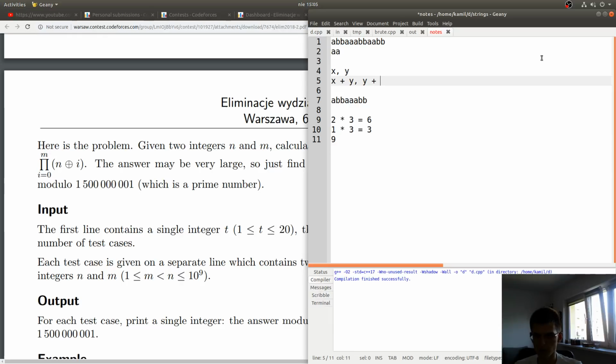So here we would, from a pair X, Y, move to X plus Y plus 1 and Y plus 1.